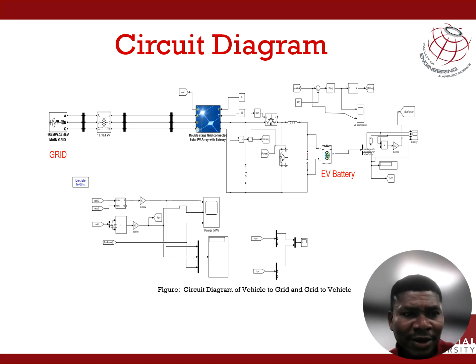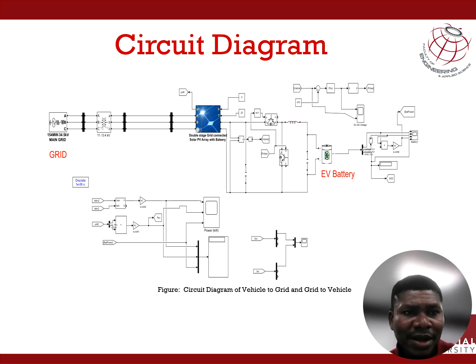We also have our inverter. The inverter converts the DC power from the electric vehicle battery pack or the grid into AC power, which is needed for the operation of various systems within the electric vehicle.